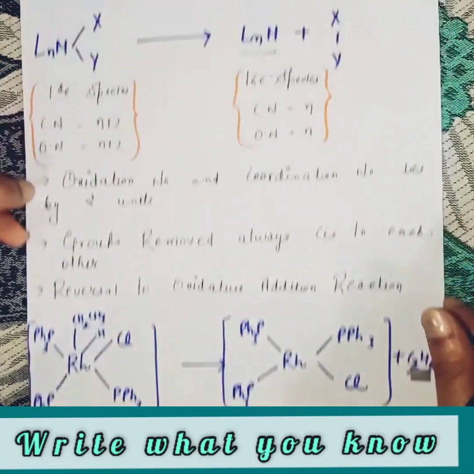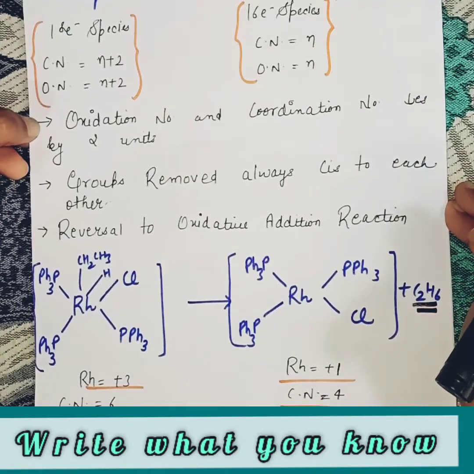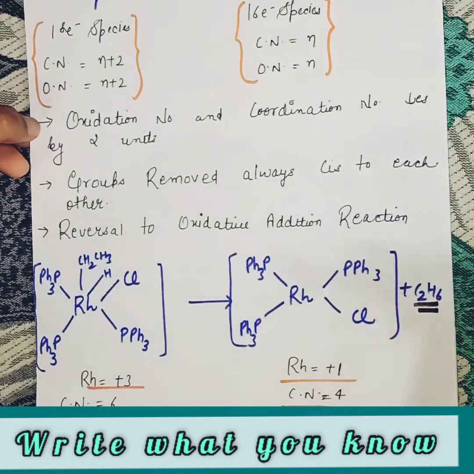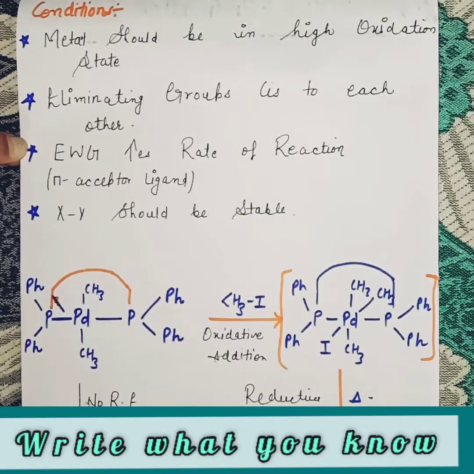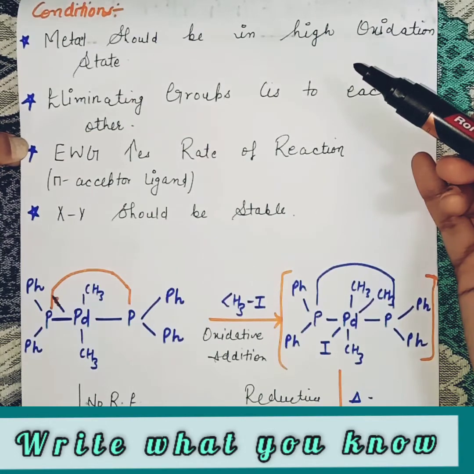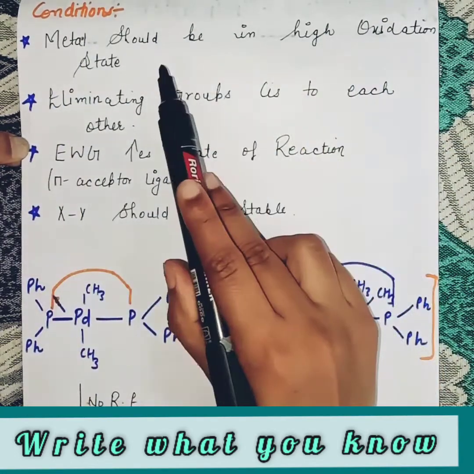So in this way, the reductive elimination reaction causes a decrease in the oxidation state and coordination number by 2 units, and there is removal of 2 groups that are in cis position to each other. Here are the very important conditions for reductive elimination to occur. First, the metal should be in a high oxidation state.